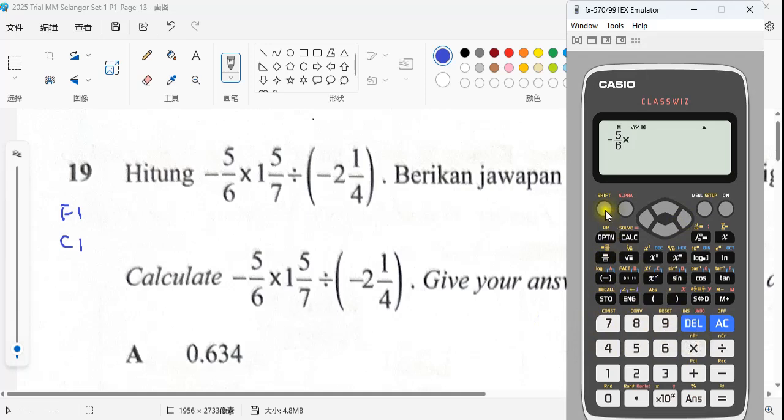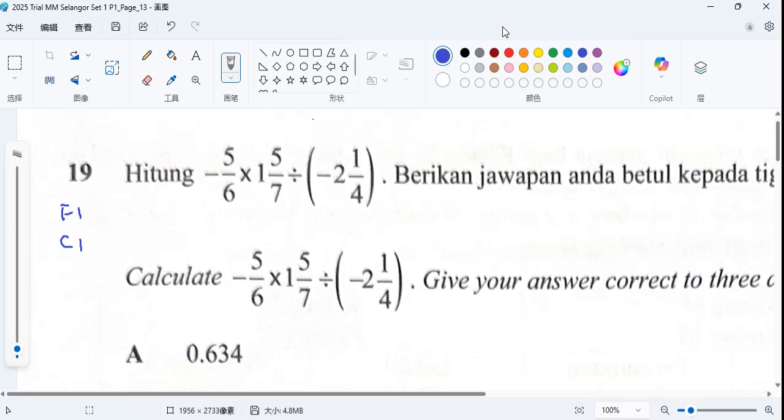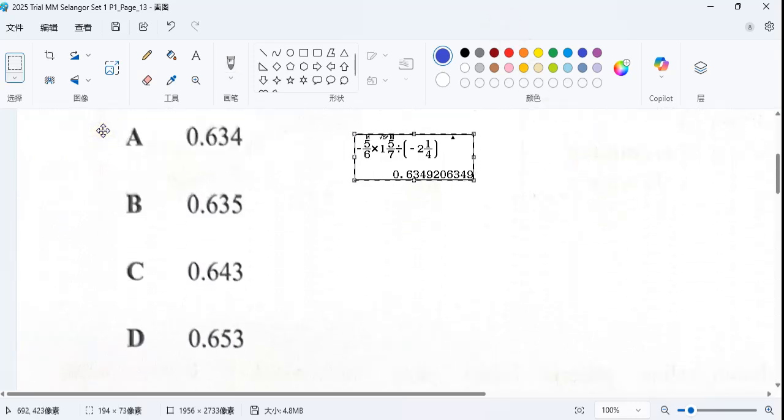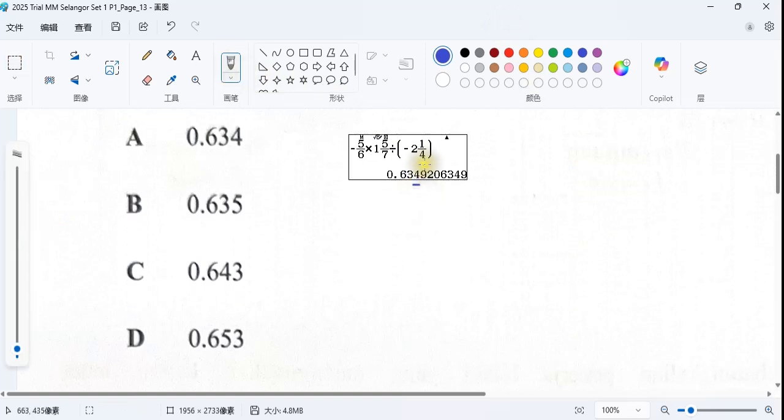Okay, multiply with 1 and 5 over 7 divided by negative 2 and 1 over 4. So we want to correct to 3 decimal places, then it will become 0.635. So the answer is B.